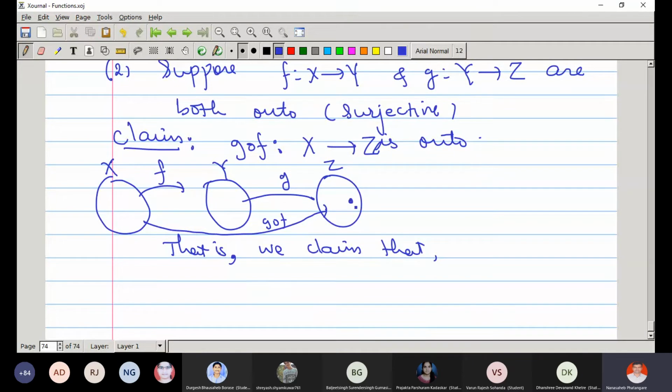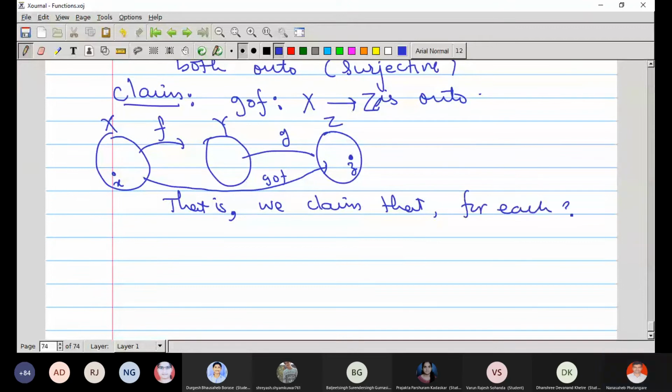That is what we claim. For each z in Z, there is x in X such that G composite F of x is equal to z.